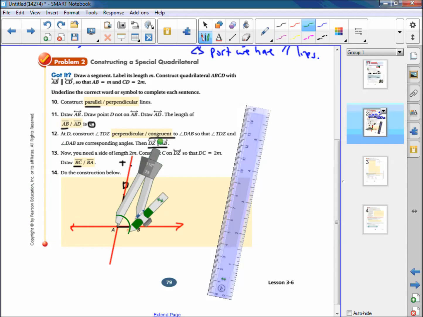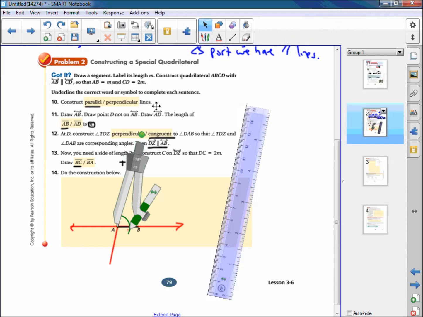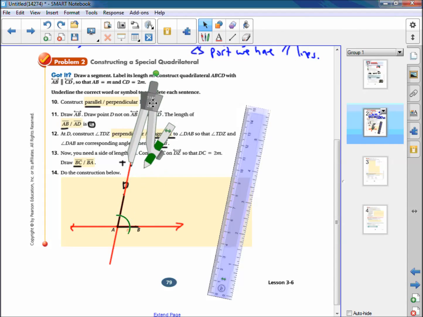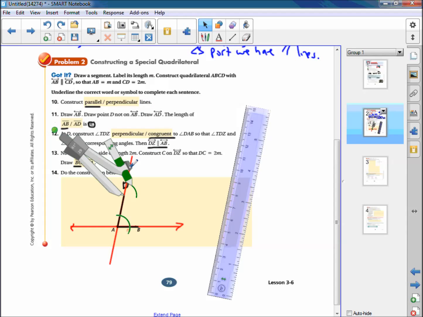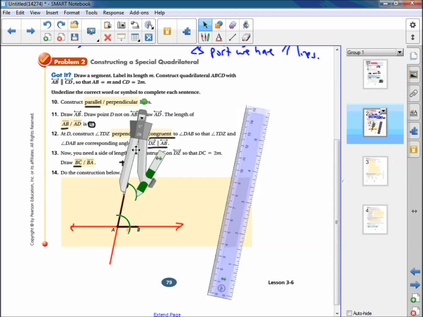Let's spin it around so it's a little easier to move again. Then we'll take our compass without moving it and put it on D, and mark this angle again. Now, to do our measurement, we put it on the mark that we made. Remember, we've done this before.